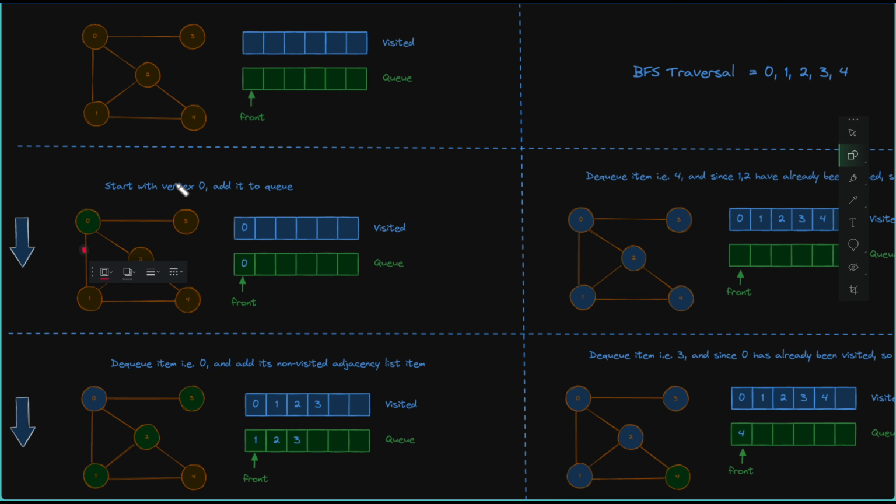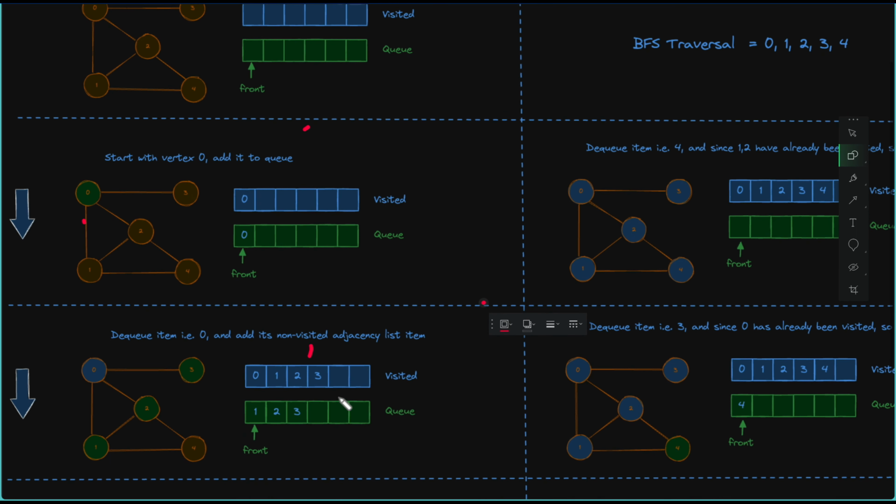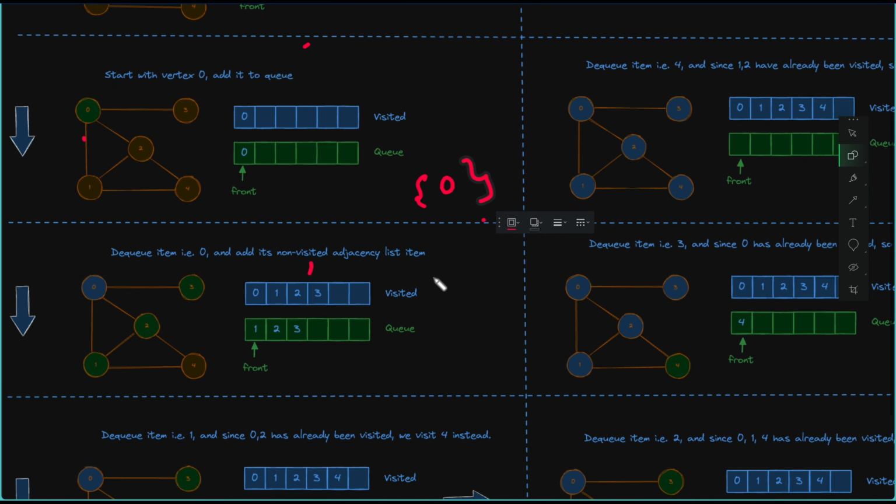Now we see that it has three neighbors, 1, 2, and 3, so we add them to the queue as well, and also to the visited set, because we have now seen these three neighbors already, and we have processed our first element, 0. So this is our BFS traversal so far.